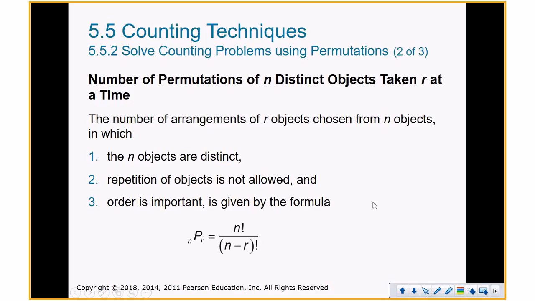Whenever you hear order or see order in a question, the horses in first, second, and third place, that's order. The cards in ace, king, queen, jack, that's in order. So you're doing a permutation versus a combination, which doesn't say anything about order. And we'll get to those.